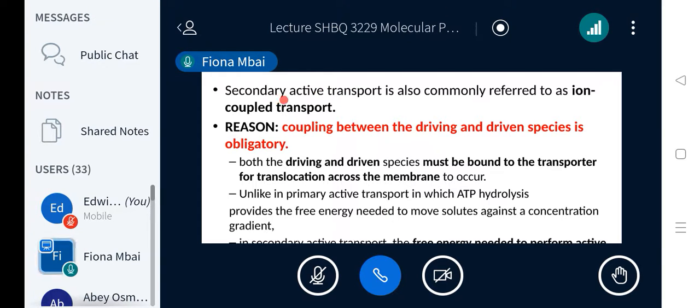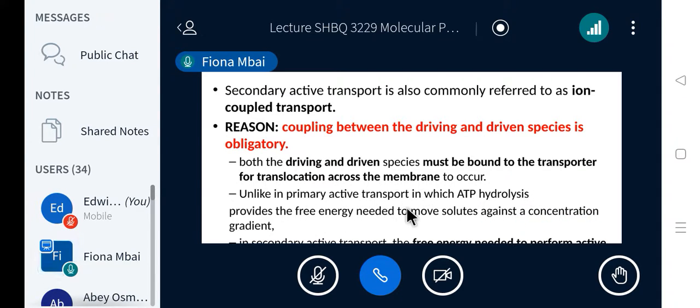So in ion coupled transport, coupling between the driving and the driven species is obligatory. Both the driving and the driven species must be bound to the transporter for translocation across the membrane to occur. And remember, this transporter was a channel protein. And unlike primary active transport, in which ATP is hydrolyzed, this provides free energy which is needed to move solutes against a concentration gradient.